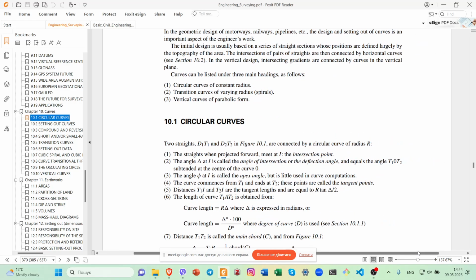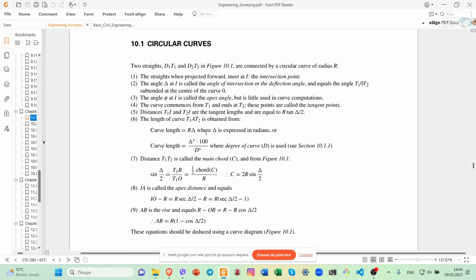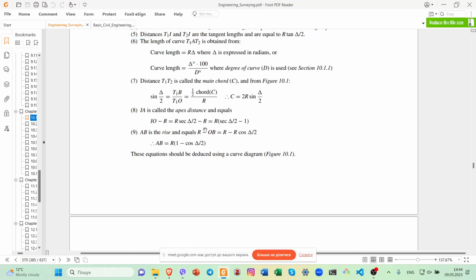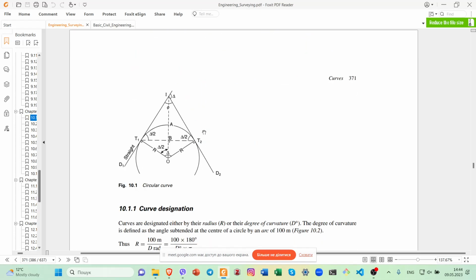For example, we have two straight parts of a road, from D1 to T1 and from T2 to D2.